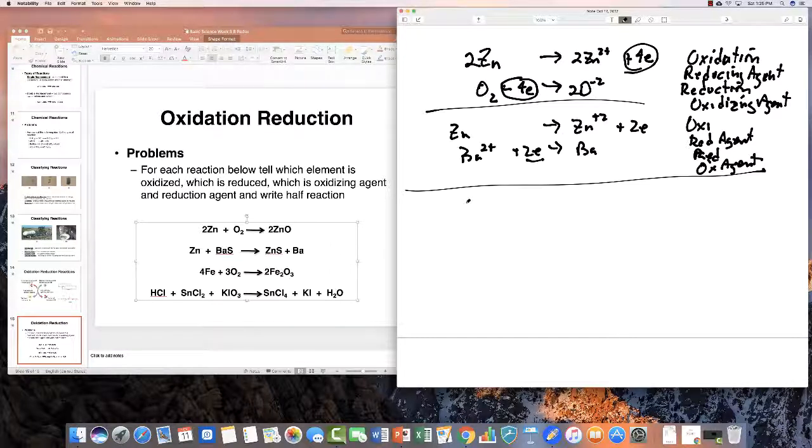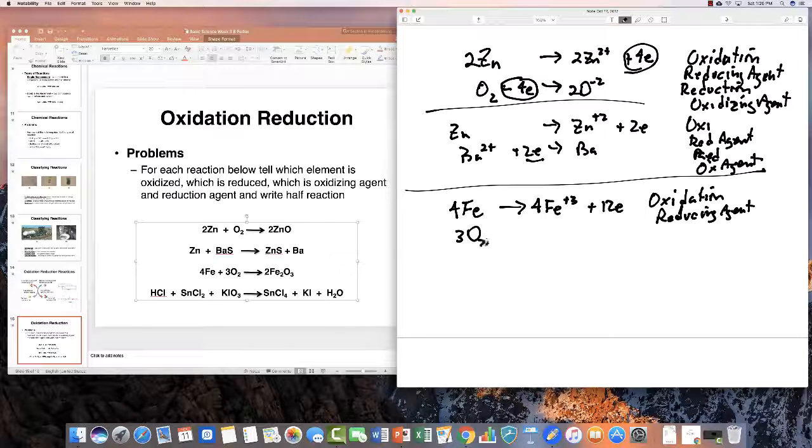The third one here, we have iron. We have 4 of them, and these 4 irons are going to form 4 irons that have a 3+ oxidation number. So a total of 12 electrons, 4 times 3, has to be lost. This is the oxidation side, and this is the reducing agent. And then the other one is oxygen again.